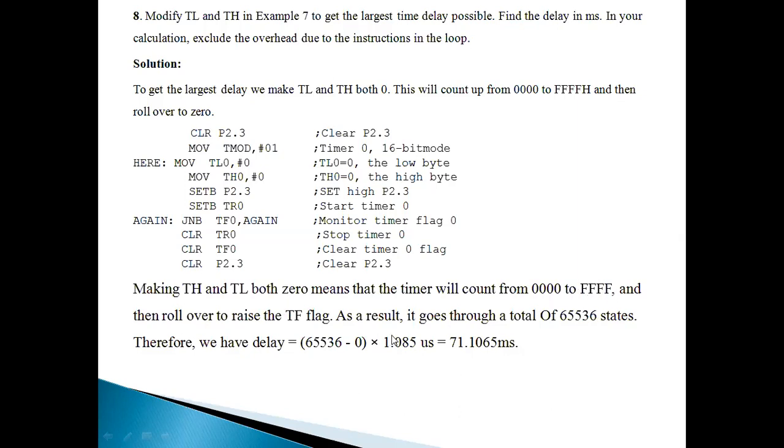This will result in 65,536 states, because the delay here is 65,536 minus 0, since 0 is the value in TL and TH, into 1.085 microseconds, which gives us 71.1065 milliseconds. So the total number of clock cycles required into the duration of each clock cycle gives us this answer. So this is the largest time delay possible.